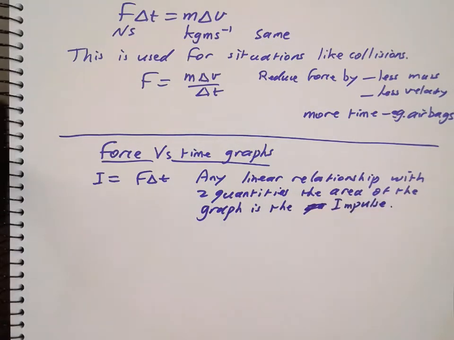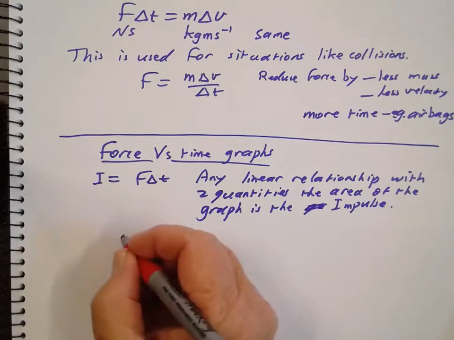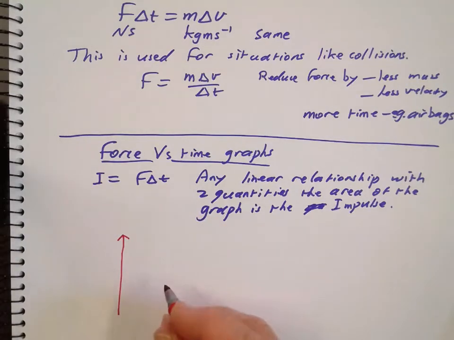So whatever the actual subject of the equation is, in any graph of two quantities in a linear relationship, the area is the quantity we're talking about, like the impulse in this case.